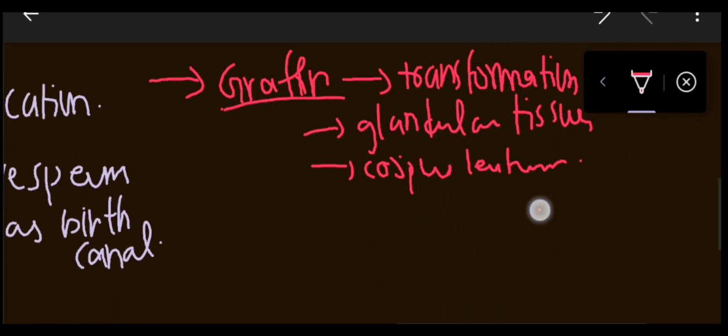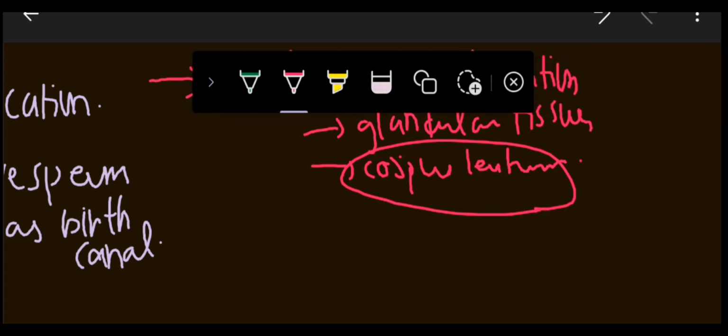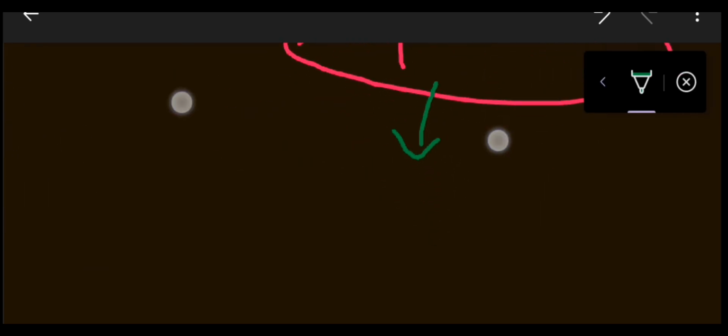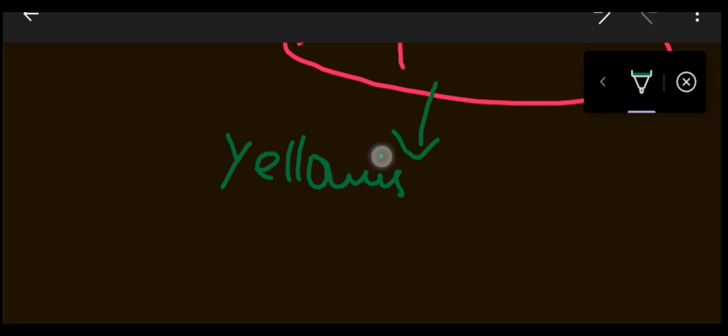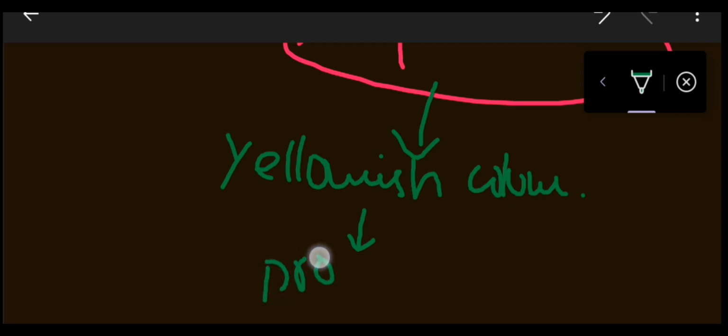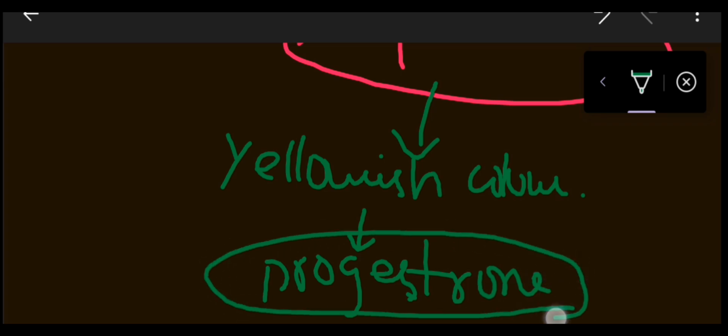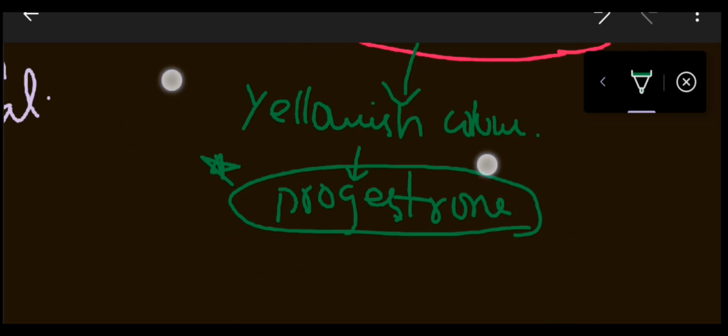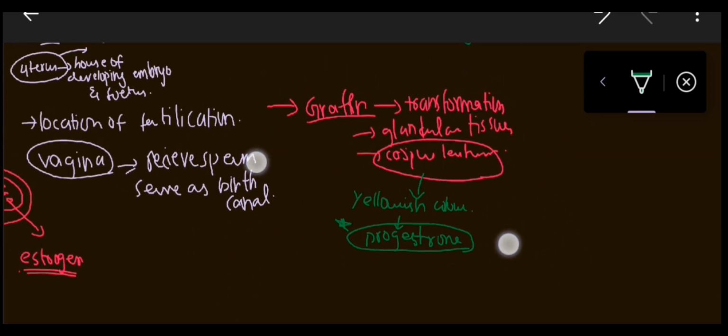And this corpus luteum is basically what? This is the yellowish color body which helps to release the progesterone. This question can be asked: progesterone is released by, your answer should be corpus luteum, right?